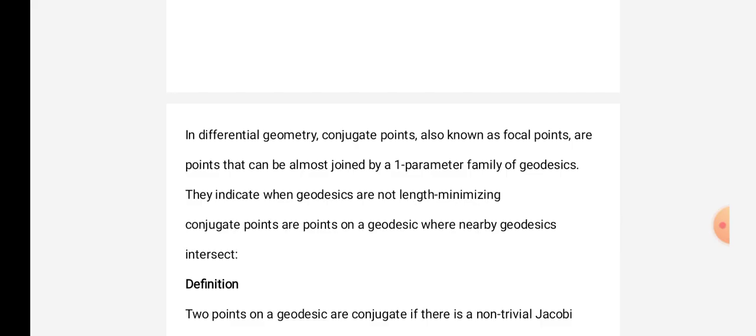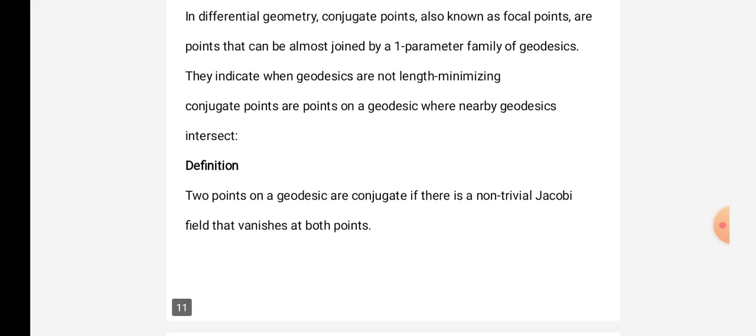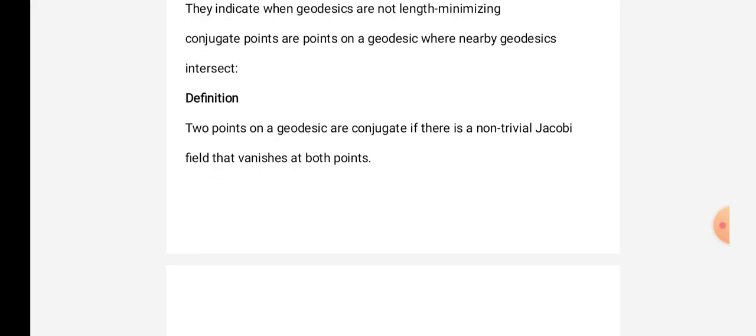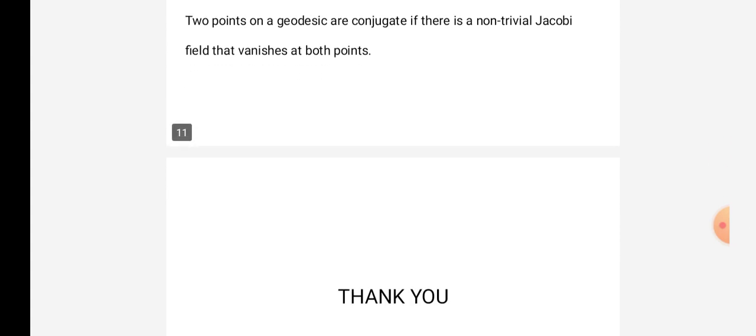They indicate when geodesics are not length minimizing: conjugate points are points on a geodesic where nearby geodesics intersect. Definition: 2 points on a geodesic are conjugate if there is a non-trivial Jacobi field that vanishes at both points.